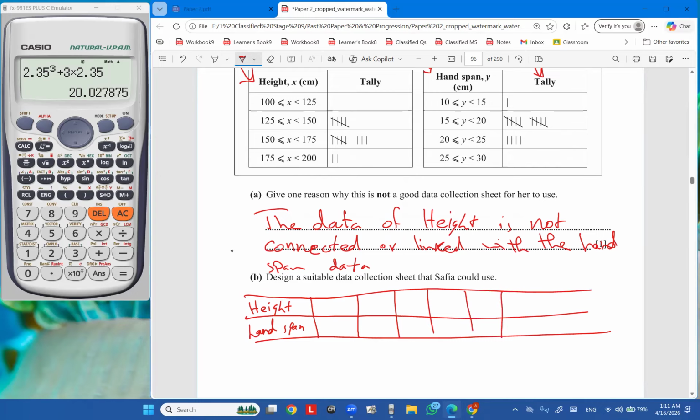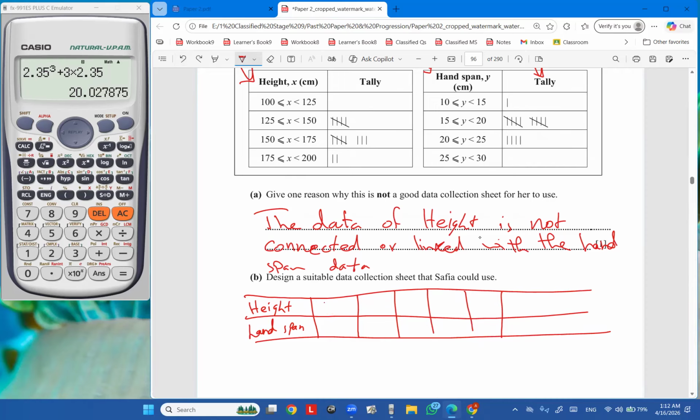So now I know, for example, that if I write here 115, you don't need to write this, by the way, and I write here that the hand span is 12 centimeters, then I know which is with which. So when she draws the scatter graph, she draws it accurately and she has individual data.